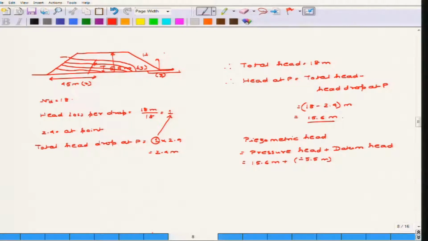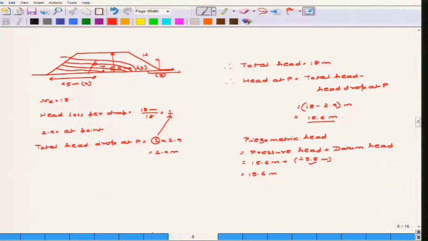Along z, since it is going upwards, the datum head is dropping, so that is why we have subtracted it, that means minus 5.5 meter. If it goes downwards, the datum head is actually added. You know that the datum head at the lowermost point is highest, and as you go up, negative heads come. So, 15.6 minus 5.5 meter comes out to be 10.1 meter.